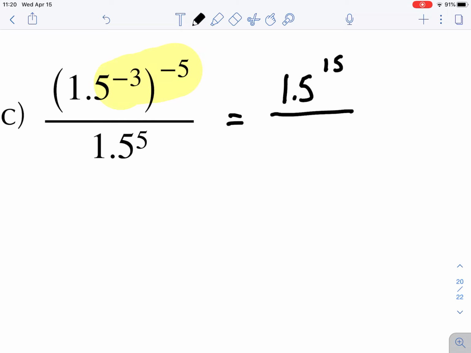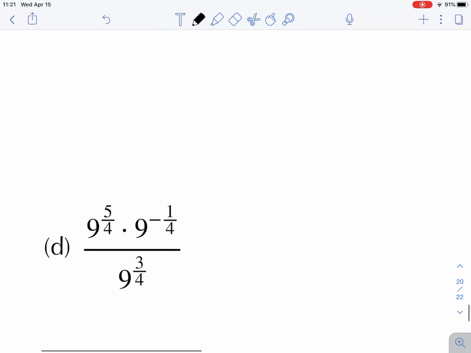We're going to get 1.5 to the power of 15 divided by 1.5 to the power of 5. Now we have a power divided by a power, so we subtract the exponents. So it's going to be 1.5 to the power of 10. And that is our final answer.